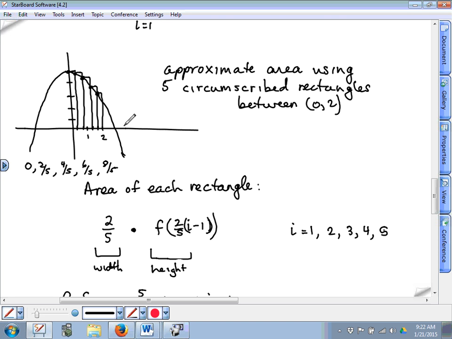You guys ready? Okay. We're adding 5 rectangles. But if it's a circumscribed, the part of each rectangle that's actually on the function is the left side. You guys follow? So if you see where my pen is pointing on the screen right here, what's the value right there for i?